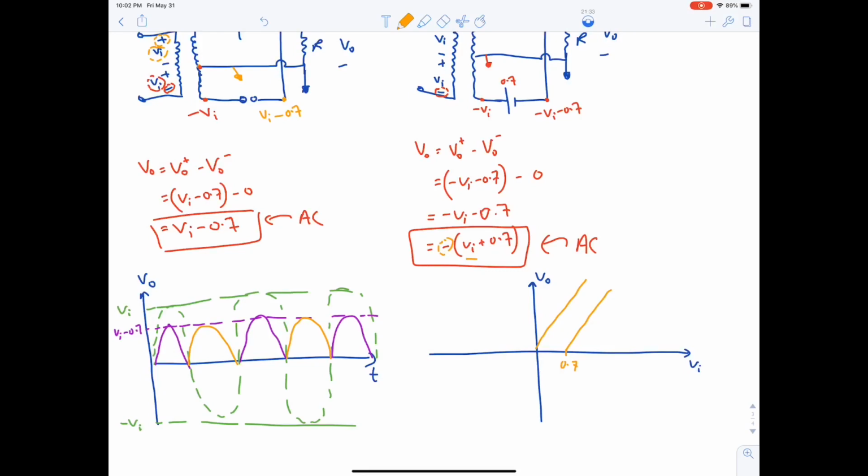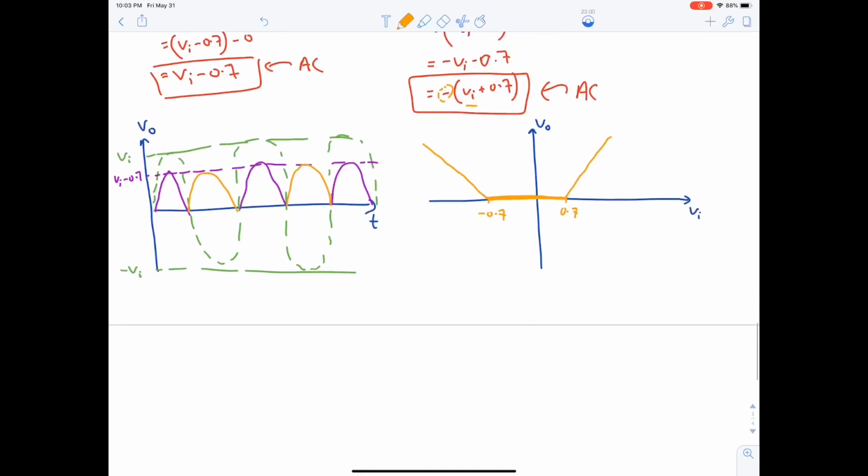But then we have a Vi plus 0.7, so we need to shift it to minus 0.7 like this. But because of the minus, then it has to be flipped. So the final answer will be minus 0.7 like this. And you have to connect them so it becomes continuous. Okay?